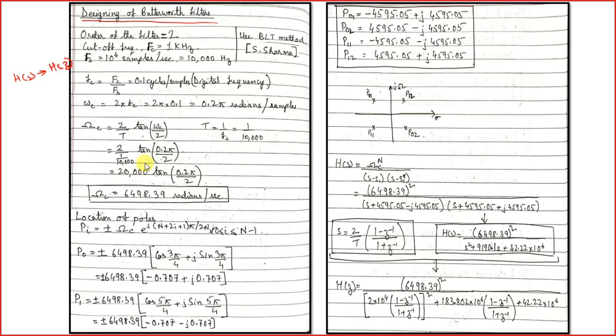So in the first question, we are given that the order of the filter is 2, the cutoff frequency Fc is given as 1 kilohertz, and the sampling frequency is given as 10 to the power 4 samples per second. That means it is 10,000 hertz.